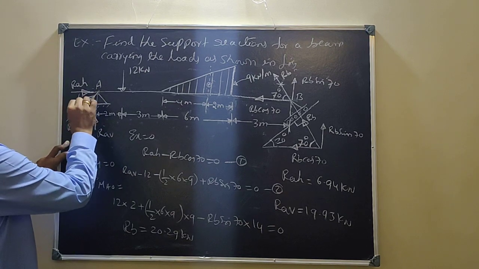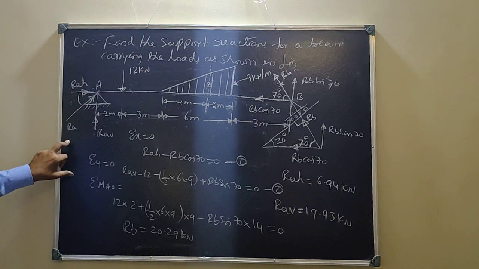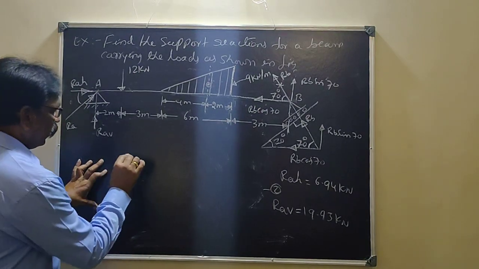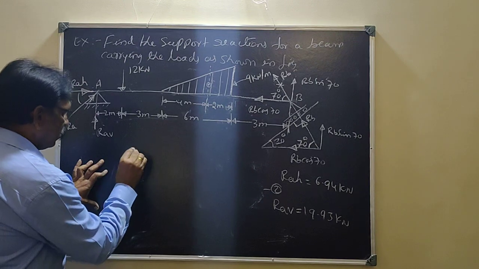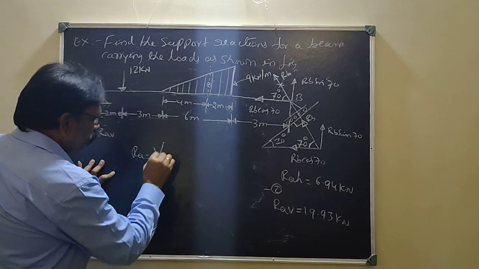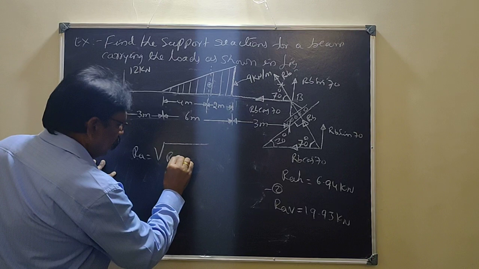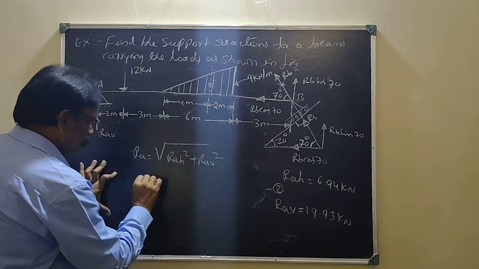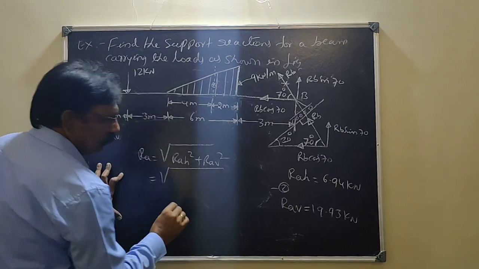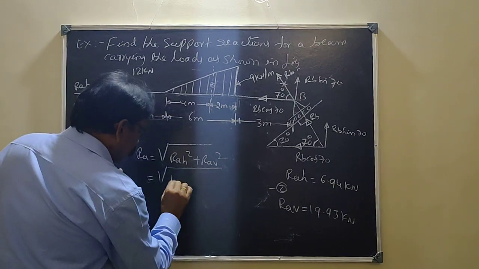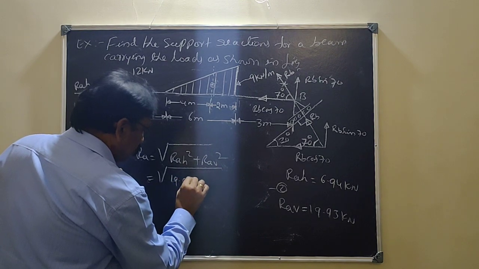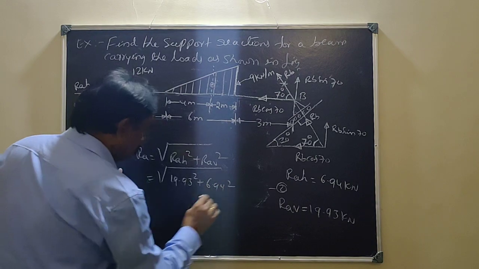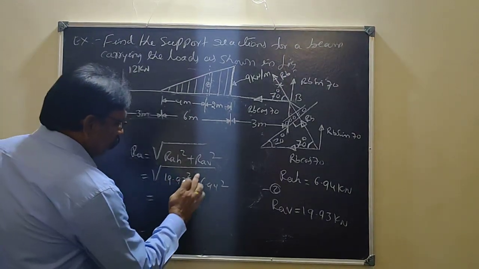You will have to find this theta as well as the magnitude. So RA is equal to the root of RAH square plus RAV square, that is the root of 19.93 square plus 6.94 square.